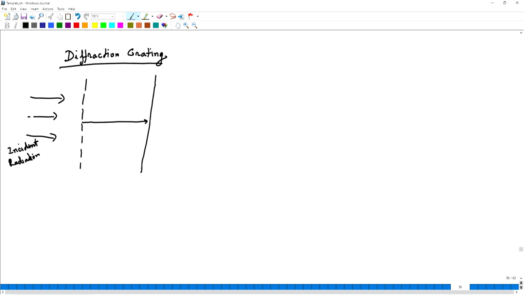I can get what is called the direct beam, while there are going to be other beams going in different directions. These are what we call the scattered beams.